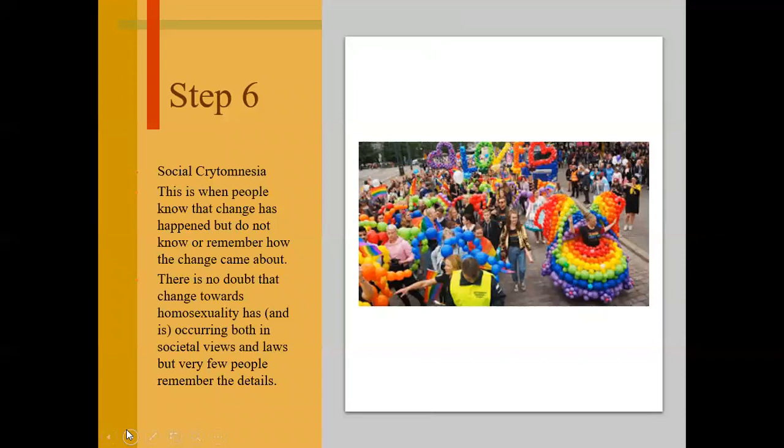So really, we can clearly understand how this change happens. It comes about from a minority standpoint until eventually it becomes the majority standpoint. And actually, the majority don't know many details about it, so it's kind of like it's been blanked out, and therefore it becomes the norm.